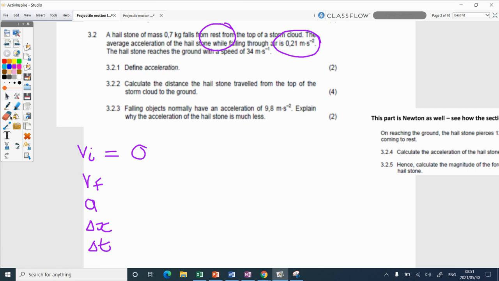Don't go into 9.8 mode. It happens. So what is this that they give us there, the 0.21? Acceleration. Okay, so that's 0.21. And it says it reaches the ground with a speed of 34 meters per second. Nice. So they were nice to you. You didn't have to convert it. If you had to convert it, remember kilometers per hour is also always going to be the biggest value. So you have to times by 3.6.